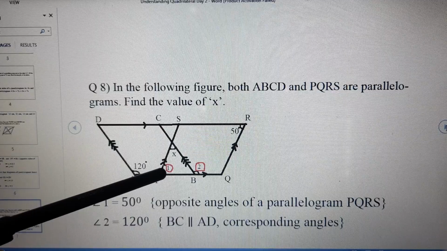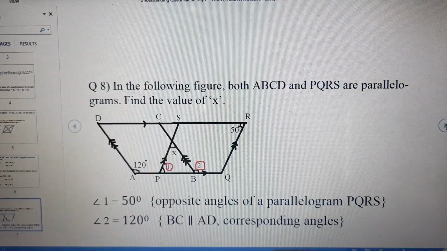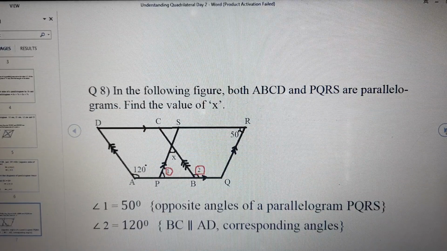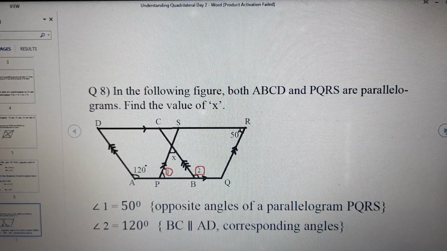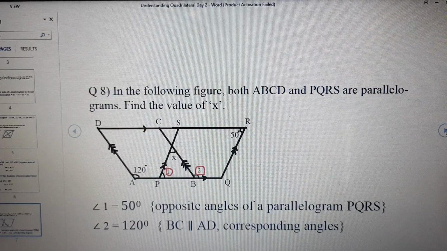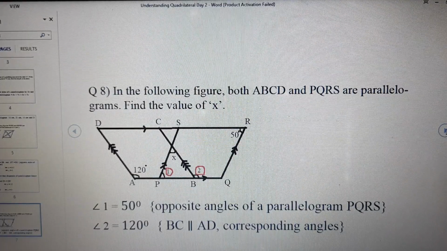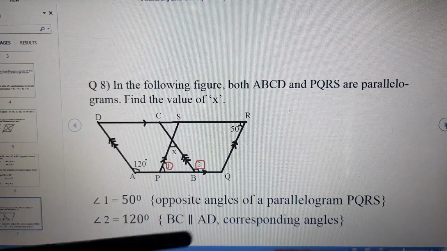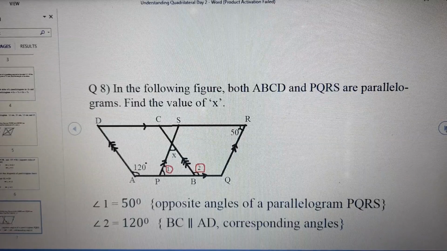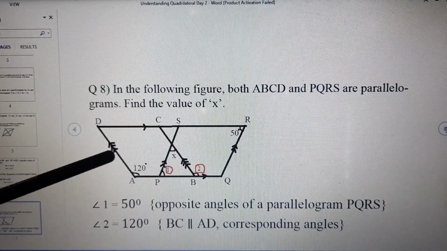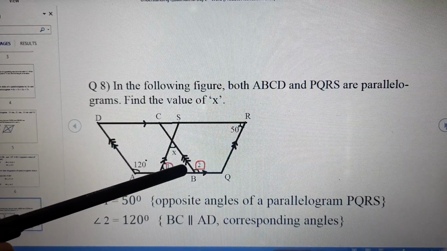So, angle 1 is equal to 50 degree, because opposite angles of a parallelogram are equal and PQRS is a parallelogram. Now, as we can see that AD and BC are parallel to each other because ABCD is a parallelogram, so opposite sides are parallel to each other. Triple arrow line is parallel to triple arrow line.